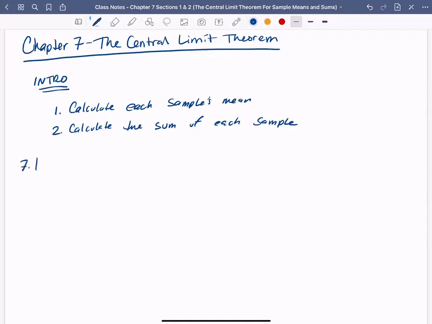So we're at 7.1, and it is the central limit theorem for sample means. We like to say it's averages.